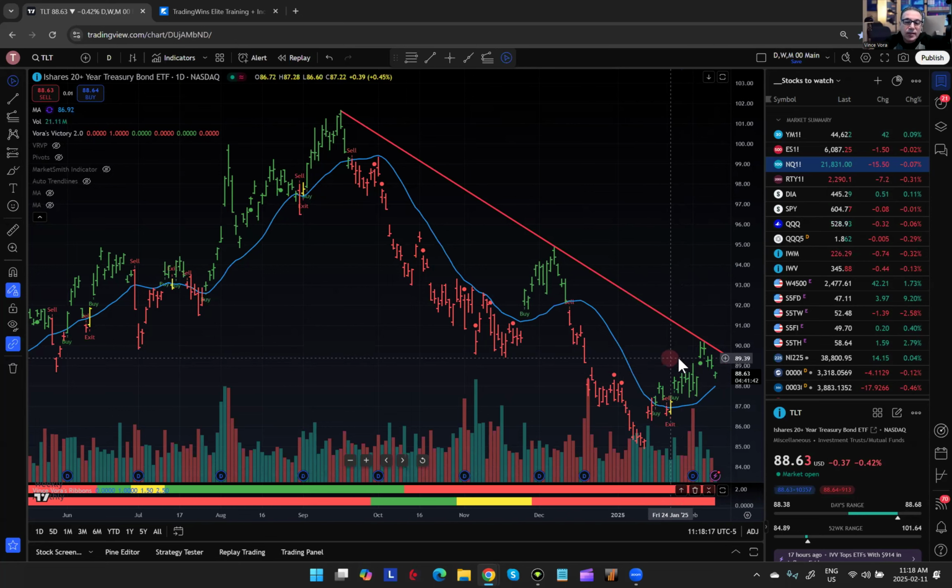And if you're more aggressive, that's one way to play this. Just a close outside of this trend line with follow through on the high of the bar that closed there is a good sign. Remember, in order for the higher time frames to align, you have to at least get the lower time frame to change direction first.